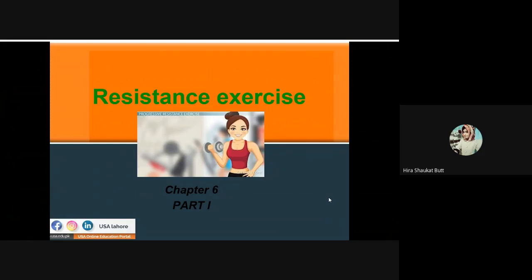We will see all these important dimensions of resisted exercises in this chapter: how to do them, when to do them, and what the benefits are. We already have a basic concept of resisted exercises and their advantages, as we went through the kinesiology briefly in semester 1 or 2, I guess.